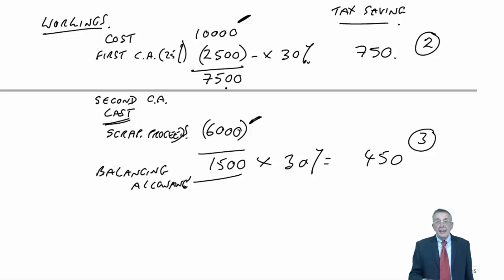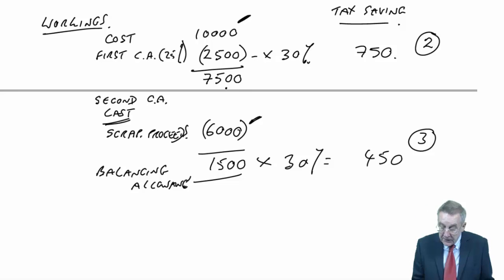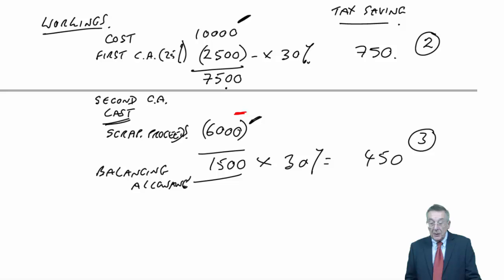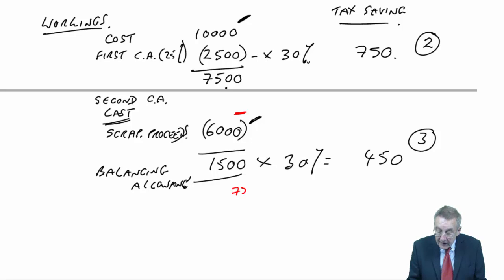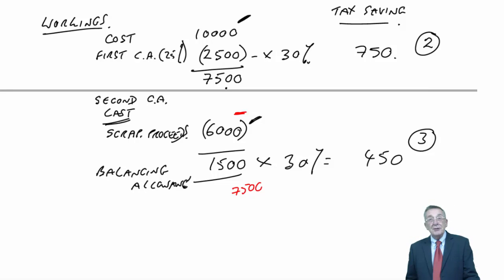Now, I'll finish off the table in a moment, but just to cover everything, had there been no scrap proceeds, the rule stays the same. If there's no scrap proceeds, you'd subtract 0, and therefore the balancing allowance would be 7,500.